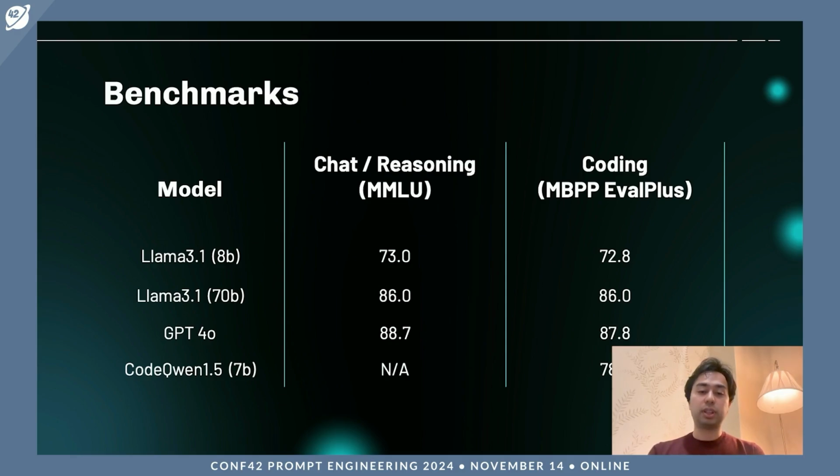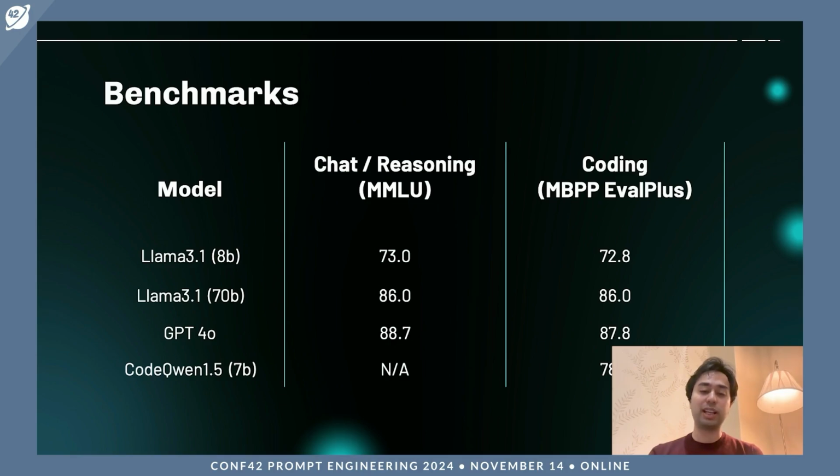So for Llama, the 8 billion parameter model got a 73 on chat and about the same on coding. The 70 billion got 86 on chat, so an amazing score for such a small model, and the same on coding. GPT-4o got 86.7 on chat and 87.8 on coding, so again, close to each other.